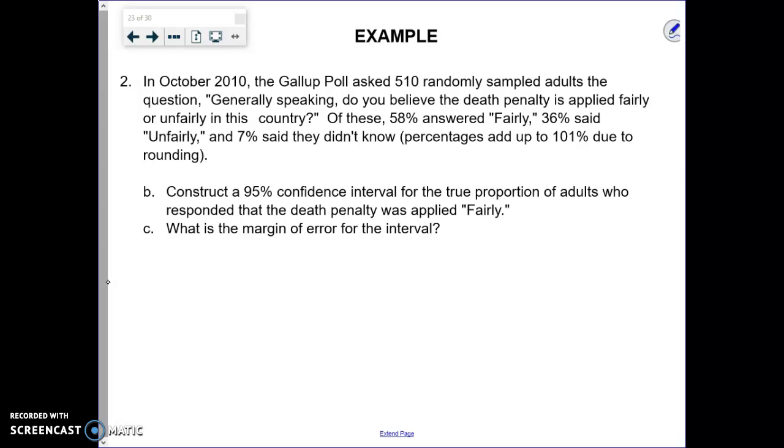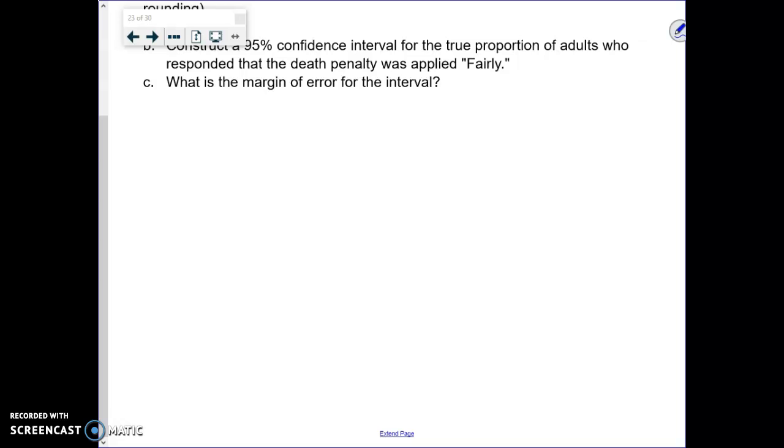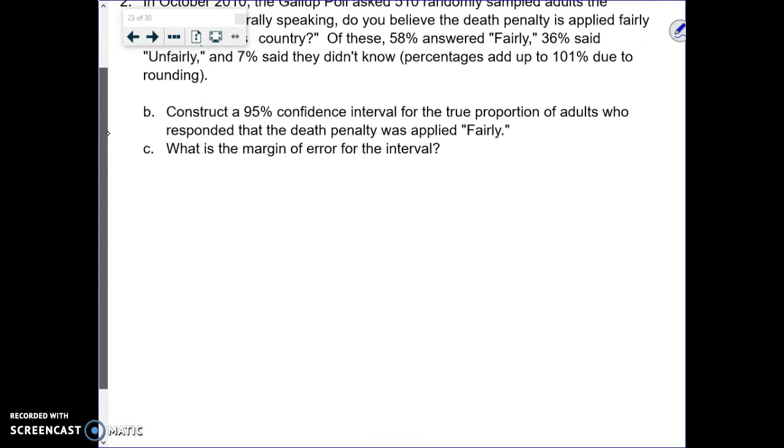So, for a 95% degree of confidence, p hat for fairly was 0.58, and n was 510. Since we have a 95% confidence level, our critical z value, z sub alpha divided by 2, is going to be 1.96 again. That doesn't change for a 95% level of confidence on a z-interval. So, here we go.